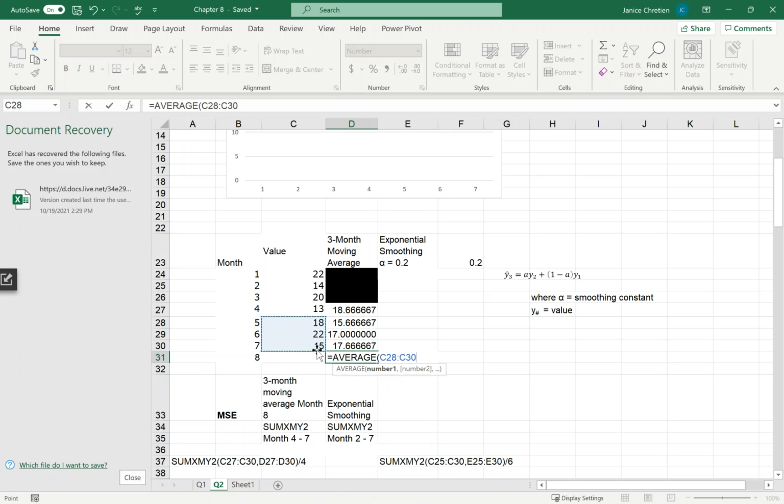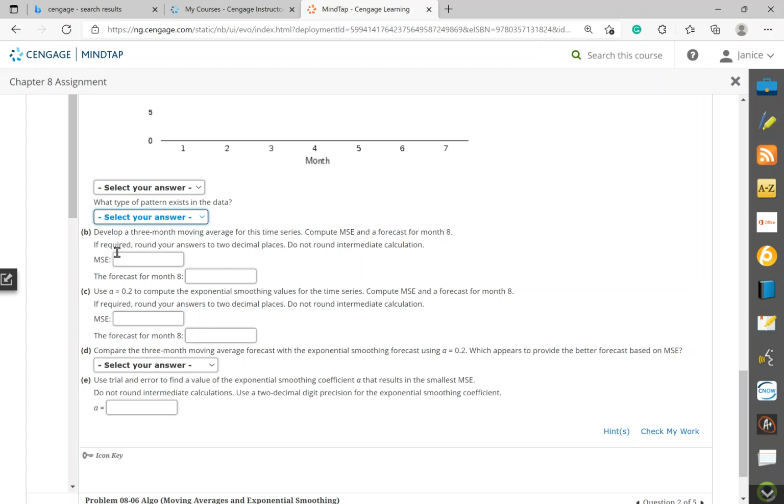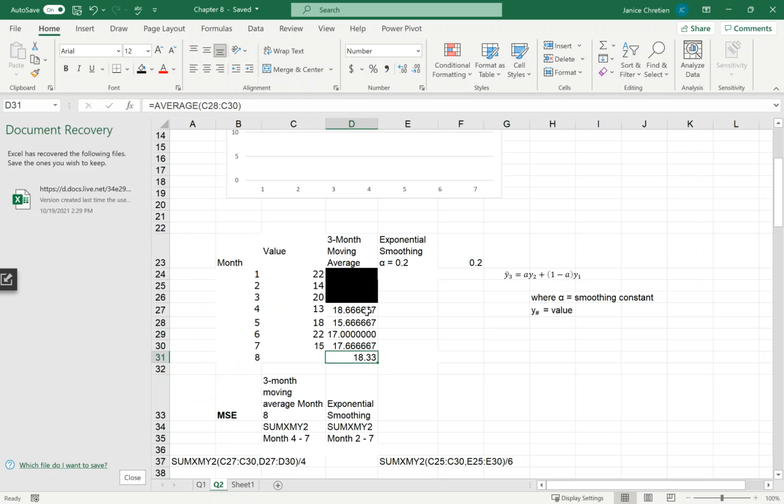5, 6, 7. Okay. And then I do want to get these all to the same. And I always like to look and see this one, 2 decimal places, but it said do not round your intermediate. So let's just get them all the same.